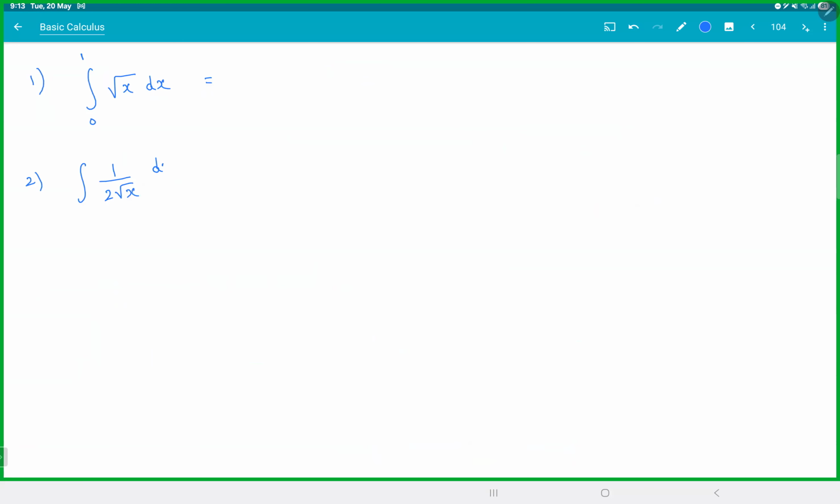Integral 1 by 2 root x dx from 1 to 2. Integral sine 3x dx from 0 to pi by 6. Integral cos 2x from 0 to 90.